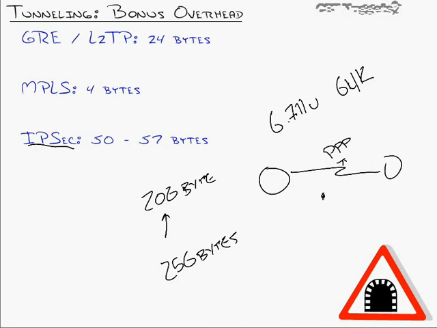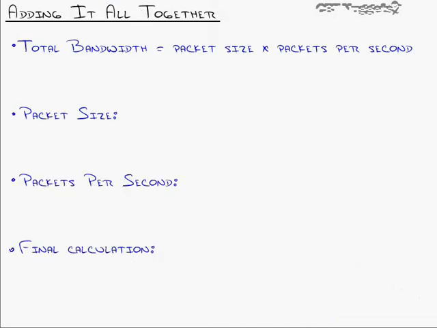I want to run a VPN over it. It's possible you could do it, a VPN over your PPP WAN link to make sure that all of the data between your endpoints is encrypted. So here we go. We're now up to a total of 256 bytes per frame of data that we're sending.